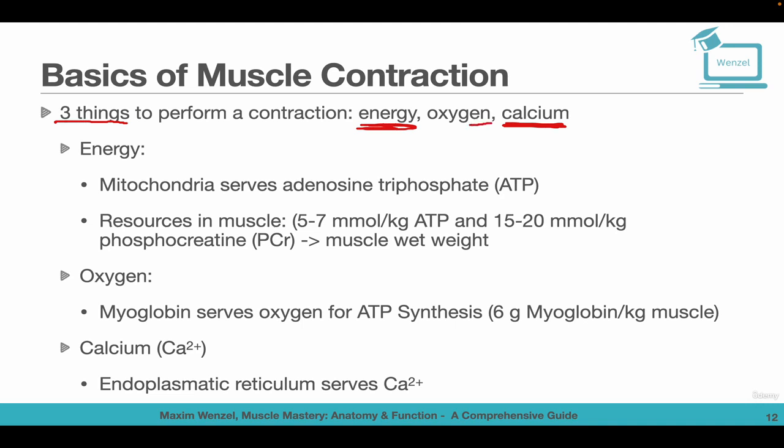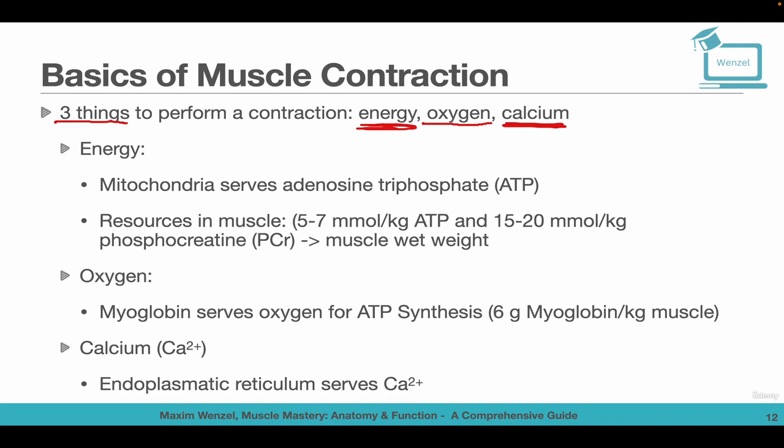And in most things you will need oxygen. We will see there can be contraction without using oxygen, not for a long time, but it's possible. But for talking about it in general, you will need these three things.